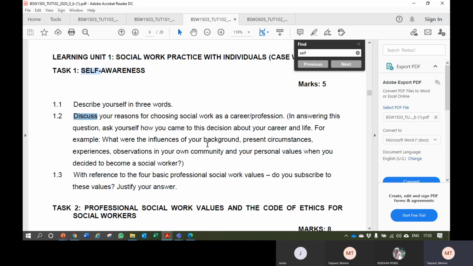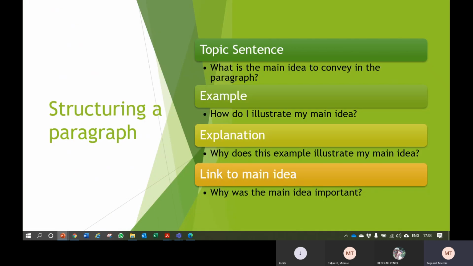Now, can you see that the influences are more than one here. So when we look at the structure of the paragraph, you can have more than one example, but each example must be explained. And then we need a kind of final idea.